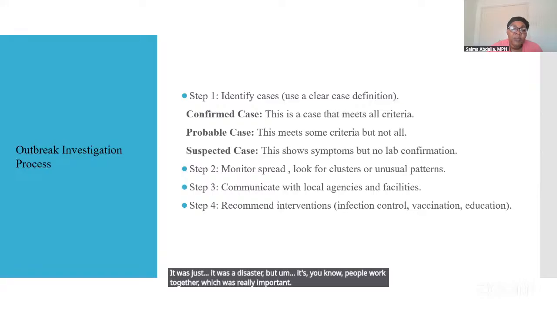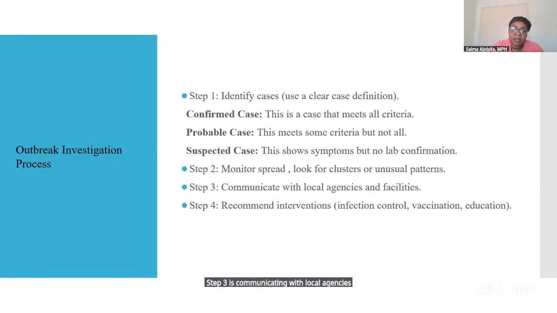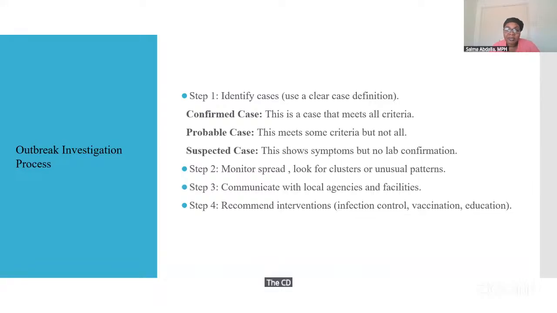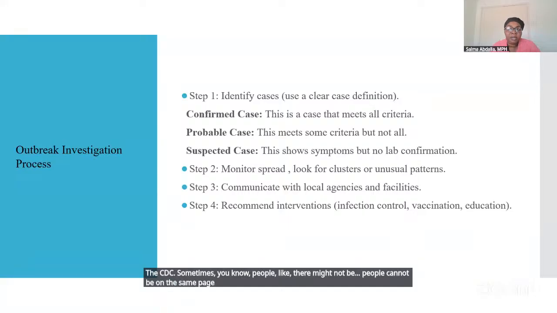Step three is communicating with local agencies and facilities. This is important: communicating with other agencies, local public health authorities, and the CDC. Sometimes people cannot be on the same page. I remember it was very confusing, with everything changing rapidly. So it's important for everybody to be on the same page.